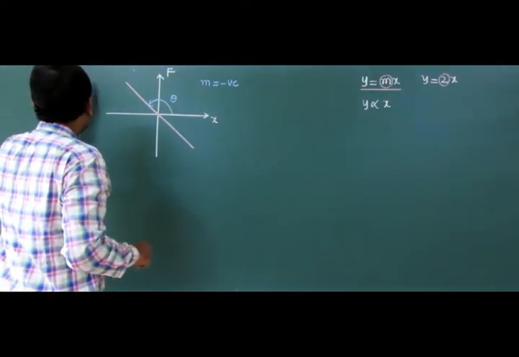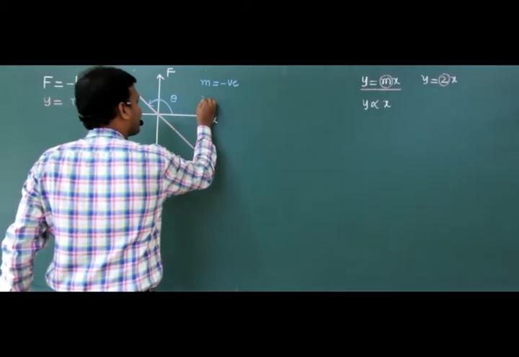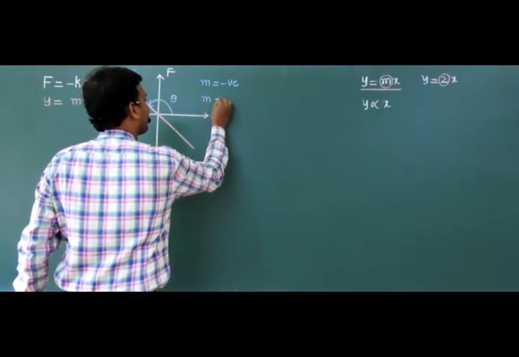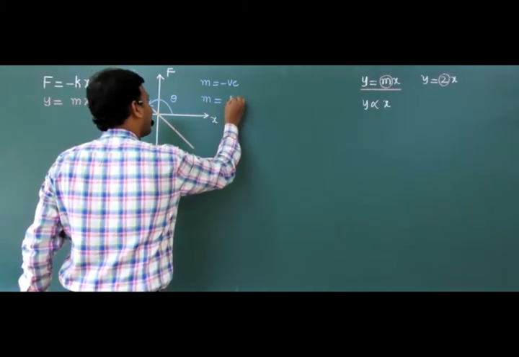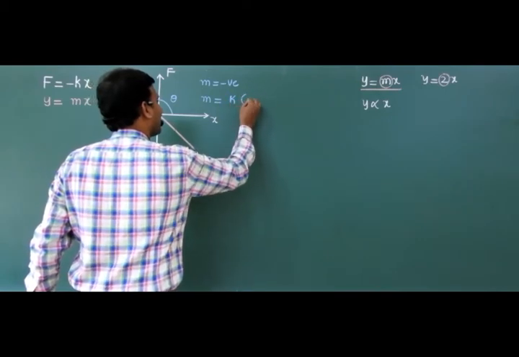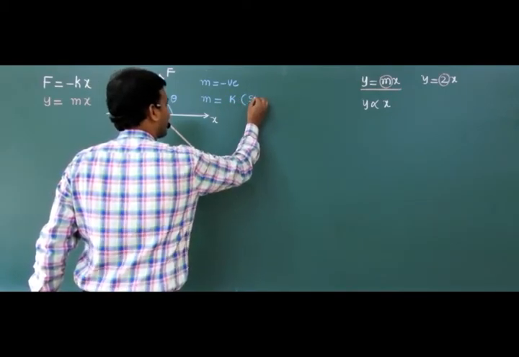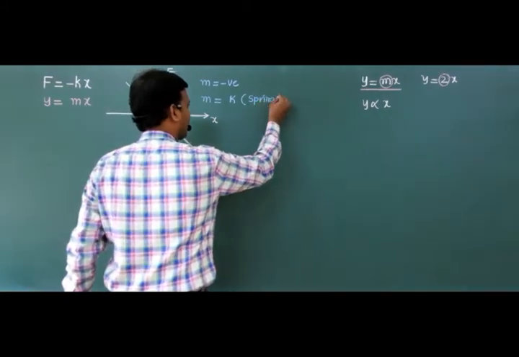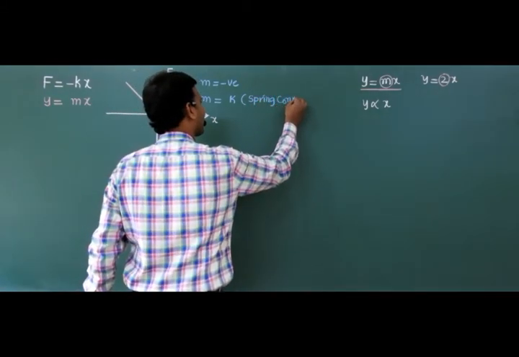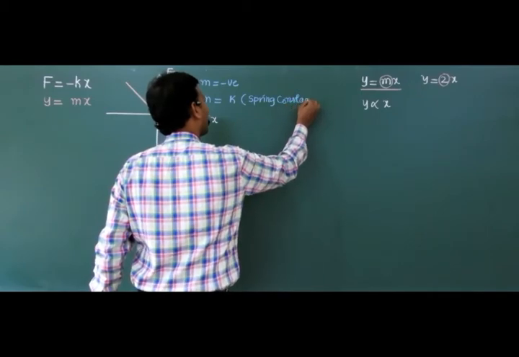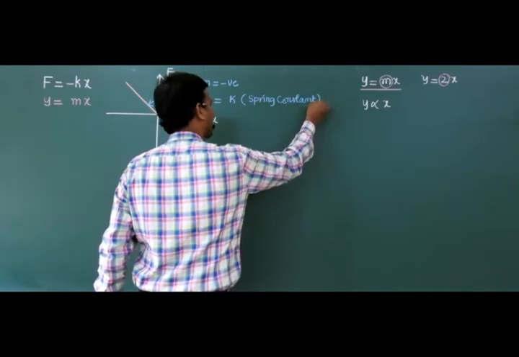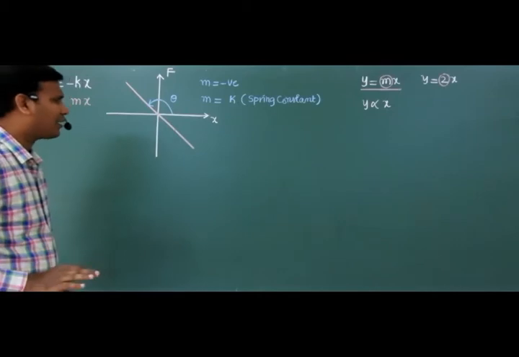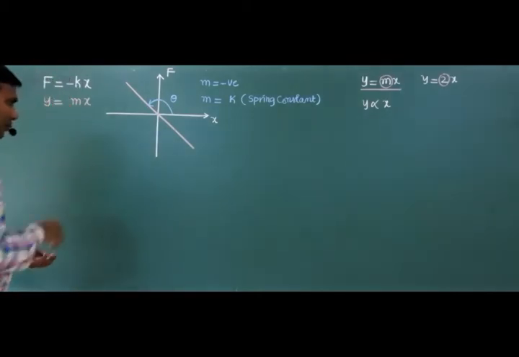Y coordinate by x coordinate, which gives what? Which gives k. In physics, k is known as the spring constant. We will discuss this spring constant in the work, power, energy and SHM oscillation chapters. You forget about all this, right? Then I will explain one more example.